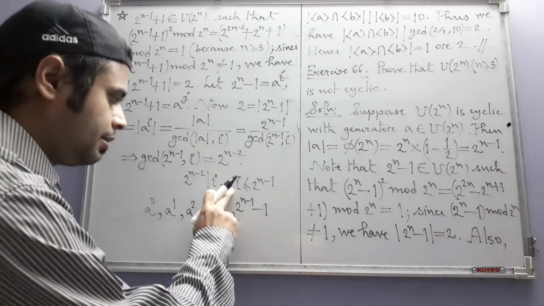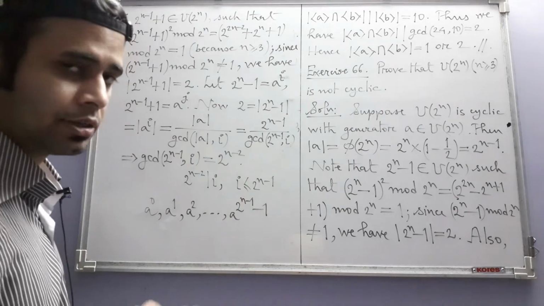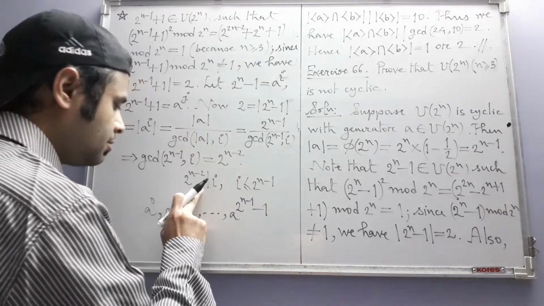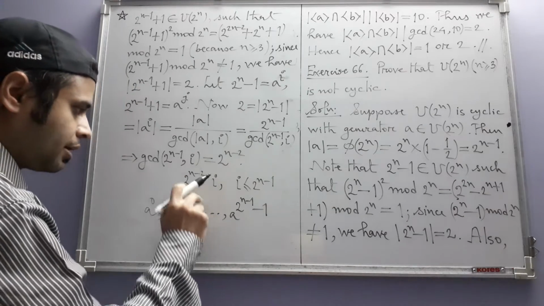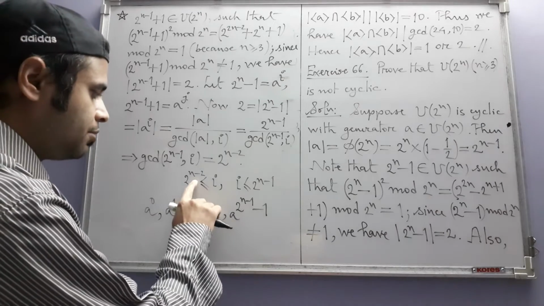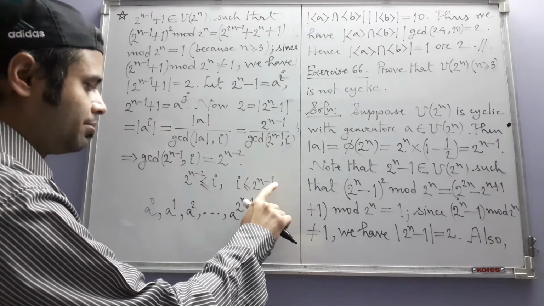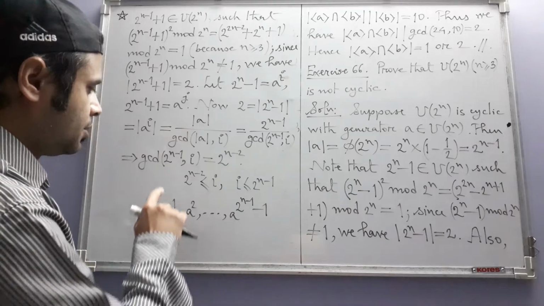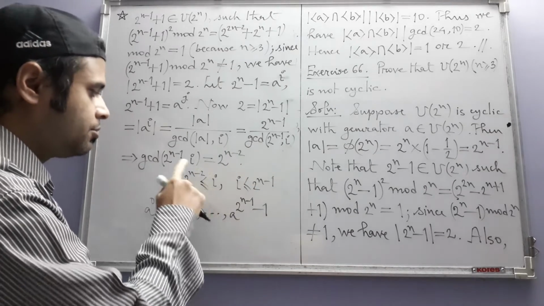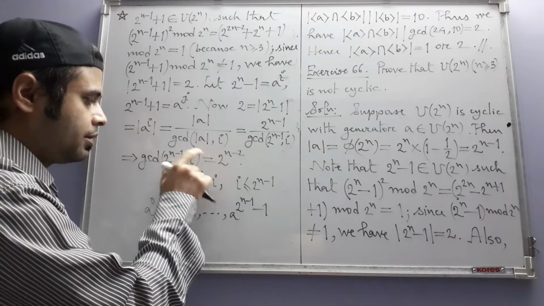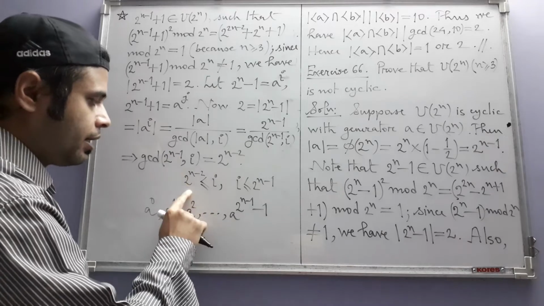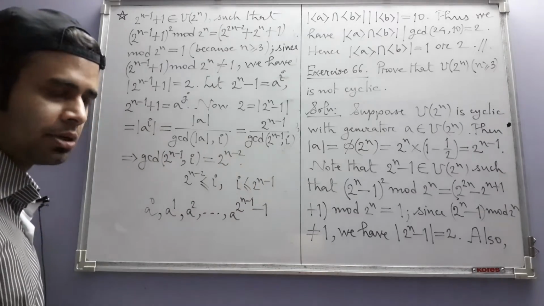Okay, so i in any case is less than or equal, in fact strictly less than 2 to the power n minus 1, and this divisibility relation implies we have this. So i lies between 2 to the power n minus 2 and 2 to the power n minus 1. But since the GCD is 2 to the power n minus 2, i cannot be 2 to the power n minus 1, because in that case the GCD will be this, not this. So that means i has to be equal to 2 to the power n minus 2.